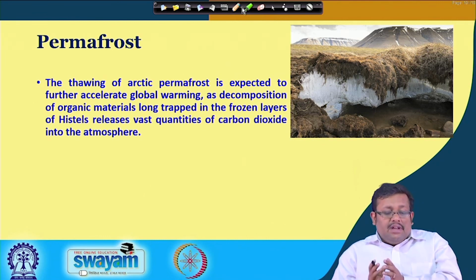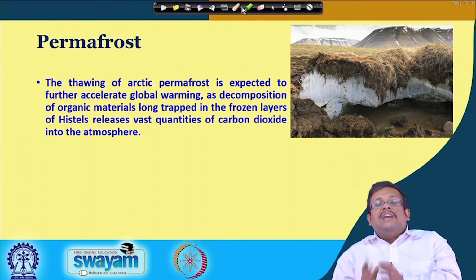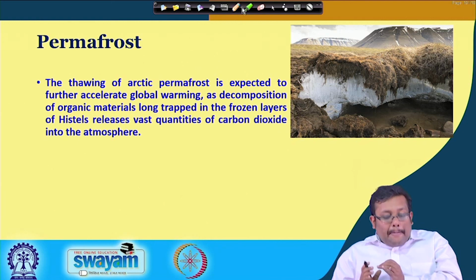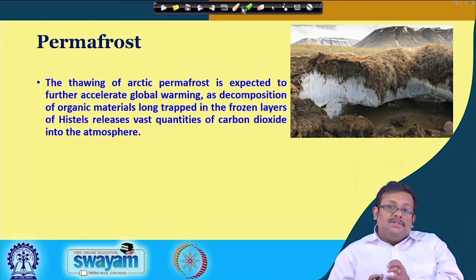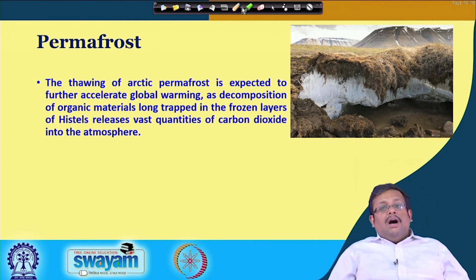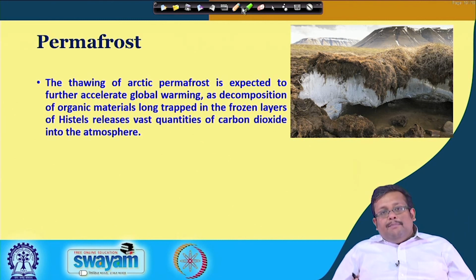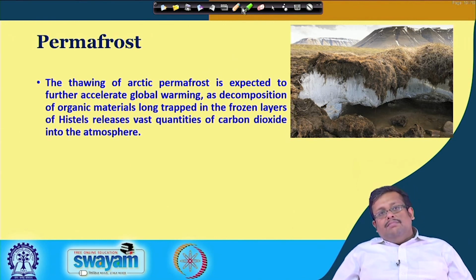In this condition, obviously the thawing of this Arctic permafrost will release vast quantities of carbon dioxide into the atmosphere. Generally, permafrost preserves the organic carbon in the earth and helps in carbon sequestration.